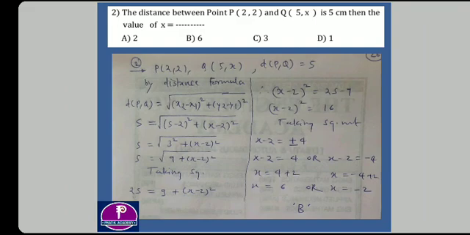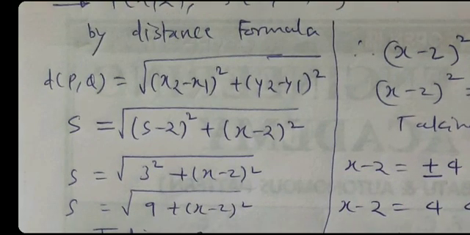Then the distance between point P (2, 2) and Q (5, x) is 5 centimeter. Then find the value of x. So P is given (2, 2), Q is given (5, x), and the distance between P and Q is 5. So we are using the distance formula. Distance PQ is equal to under root (x2 minus x1) bracket square plus (y2 minus y1) bracket square.